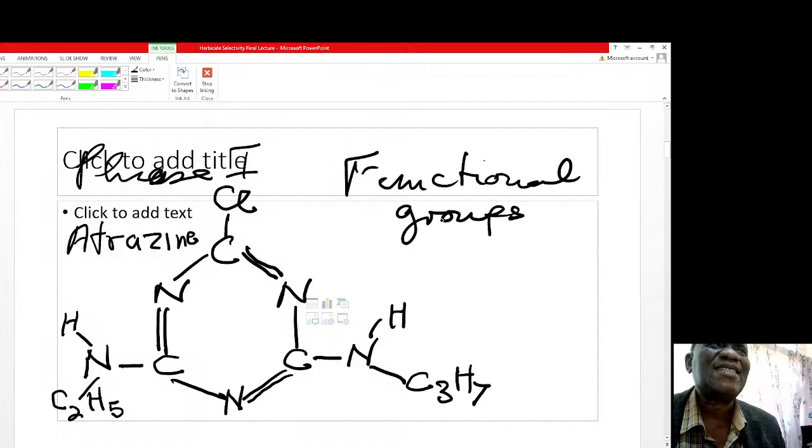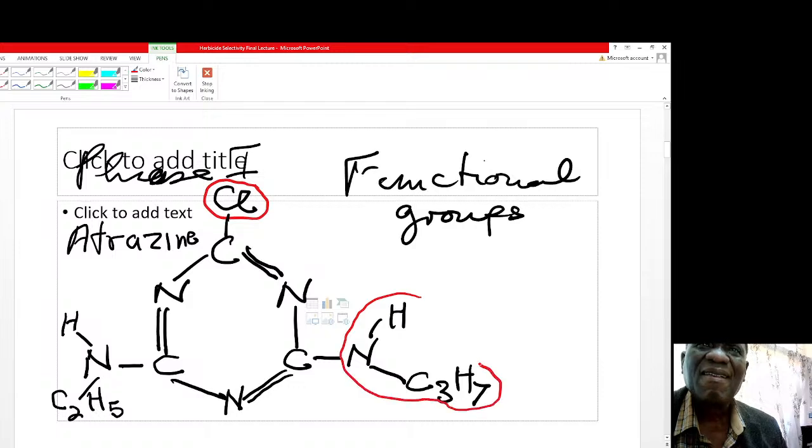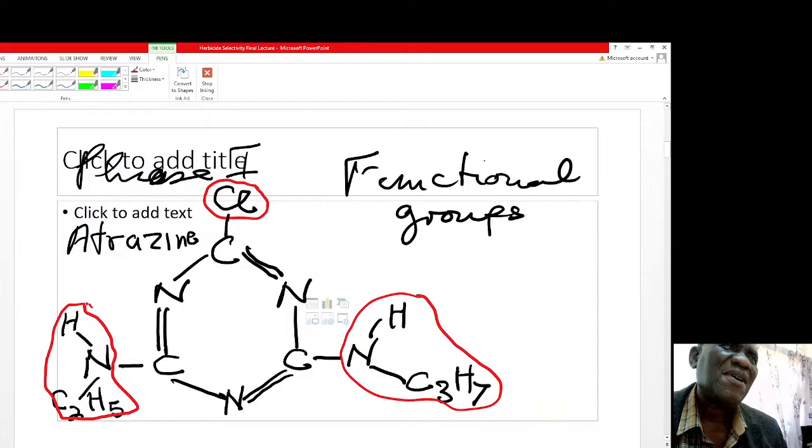But anyway, let us find out which are the functional groups. I will have to use a different color so that you can see. This position here is where we have a functional group. Again here, and also here.